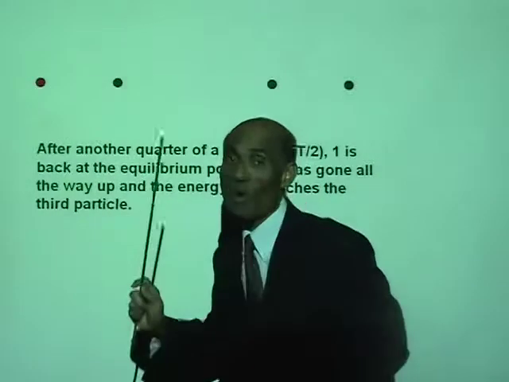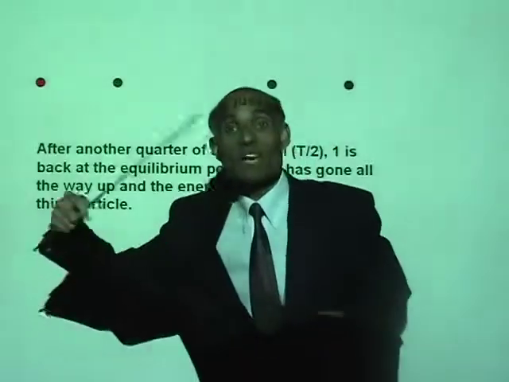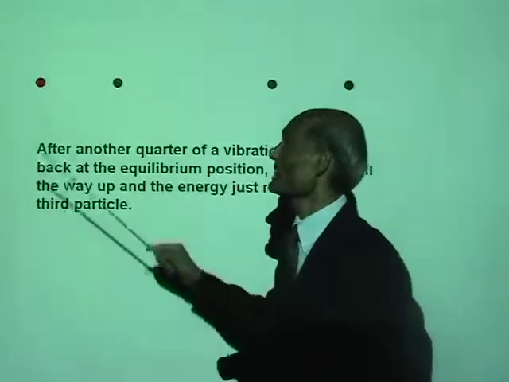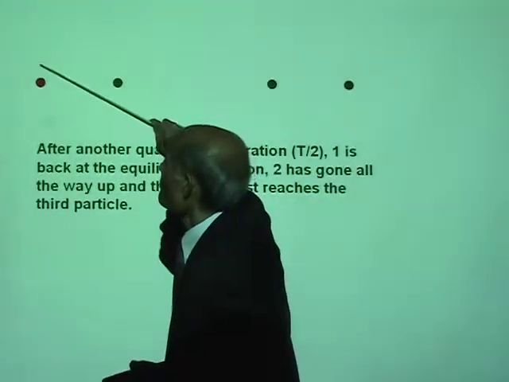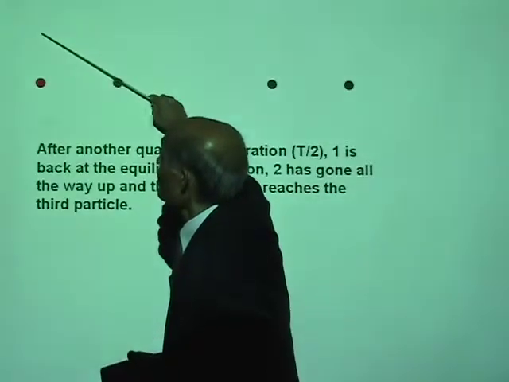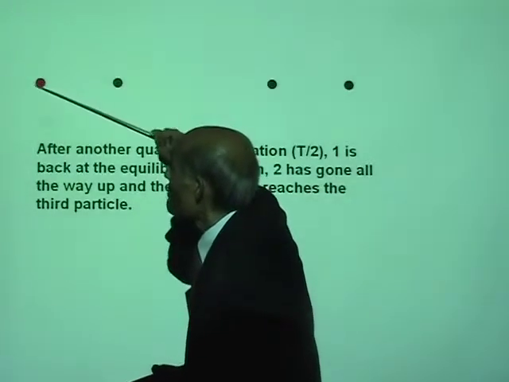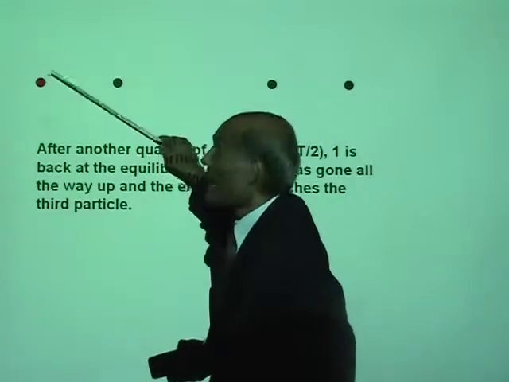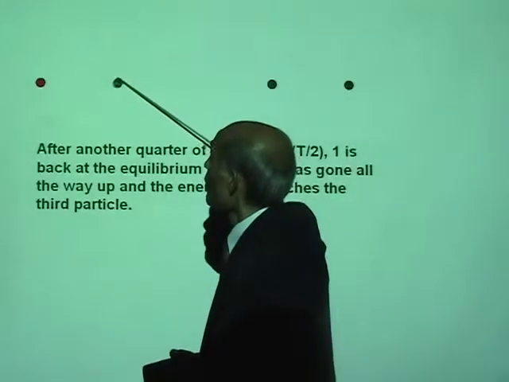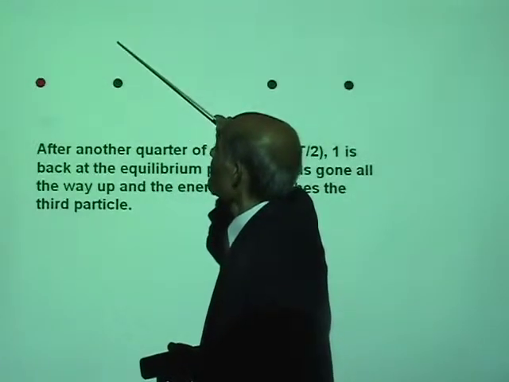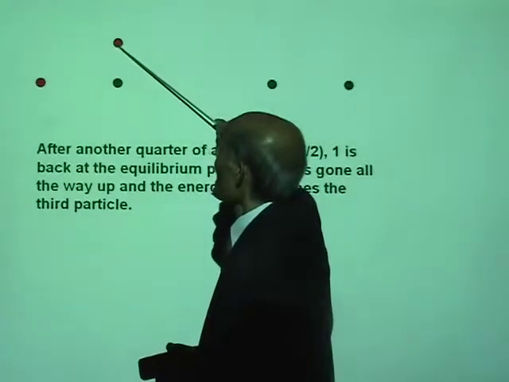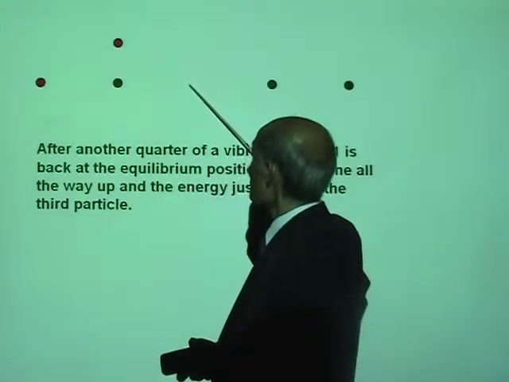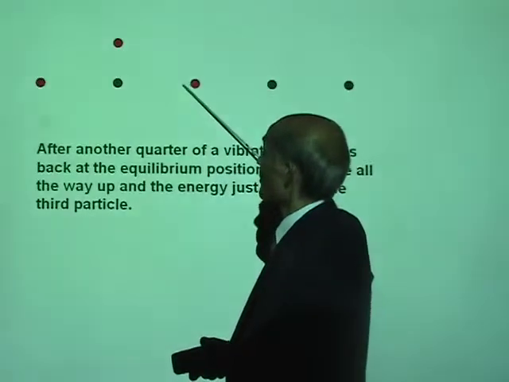Now, tell me what happens after another quarter of a period. After another quarter of a period, the first particle from the top has come back, and the second particle would go a quarter of a vibration up. And the energy will just reach the third particle.